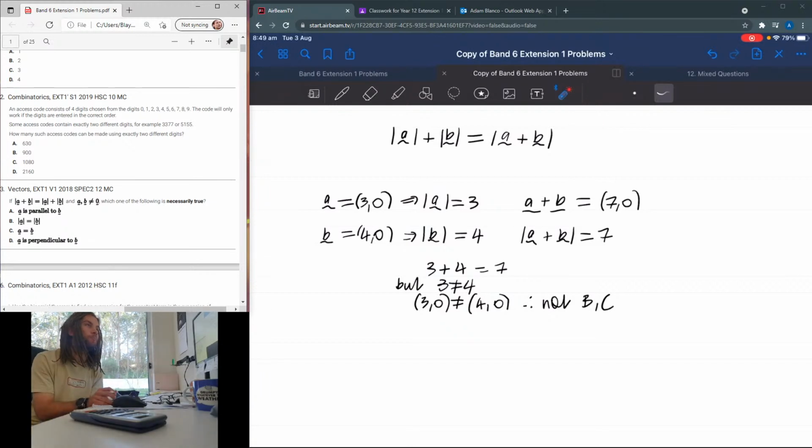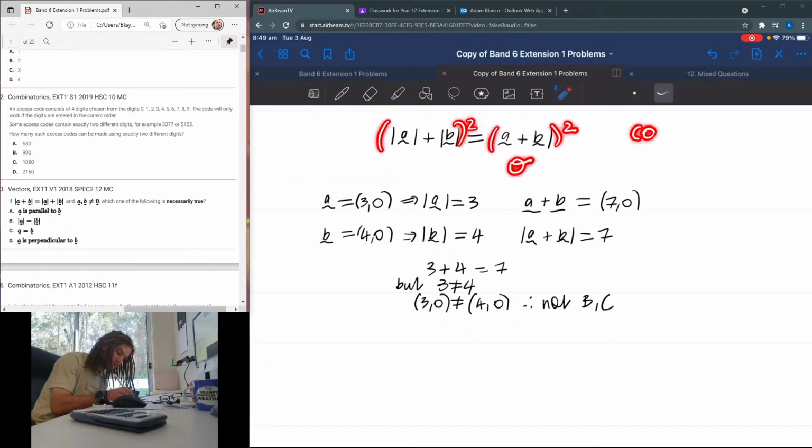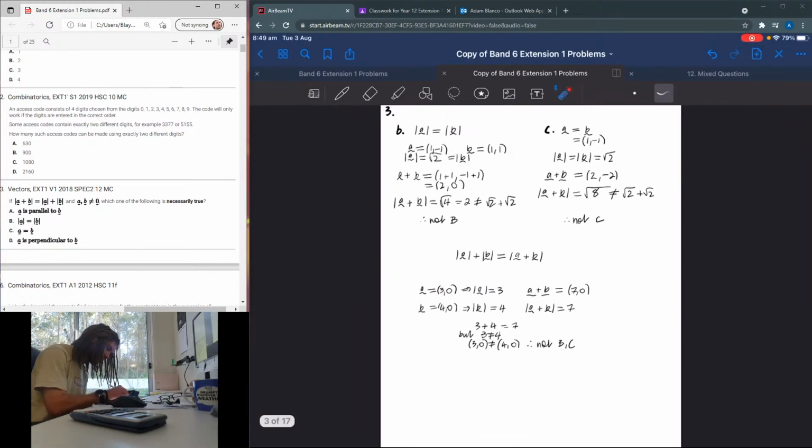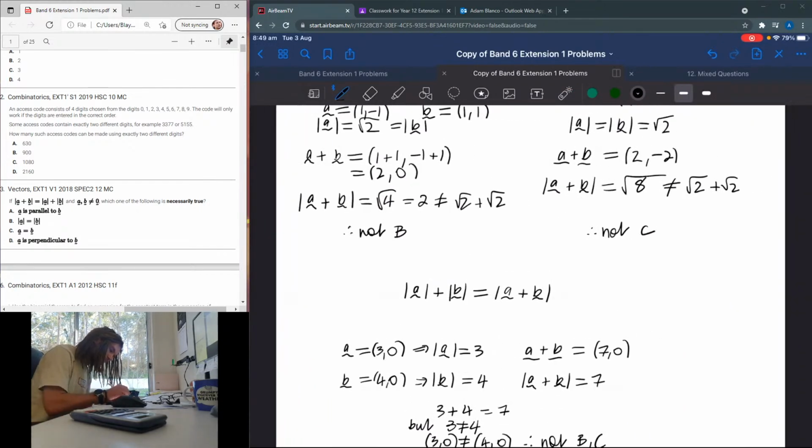If you want, you can square both sides of this and then expand everything, and when you substitute that in, you end up with theta equals 0, which just means they're parallel anyway. Okay, that makes way more sense. Let's go with, oops.